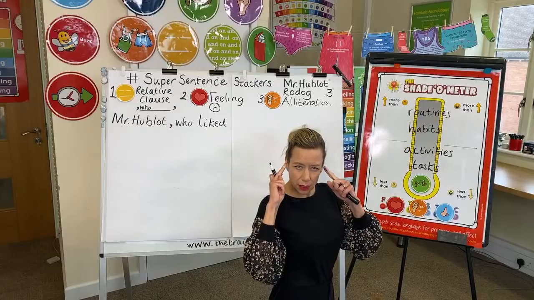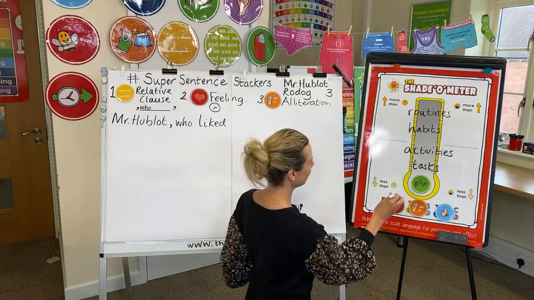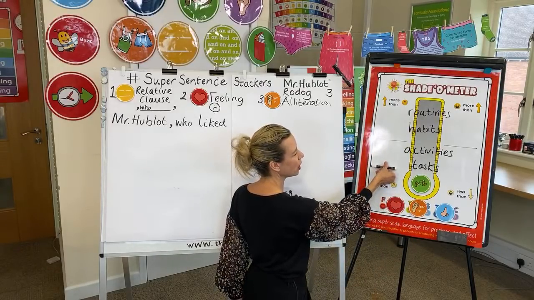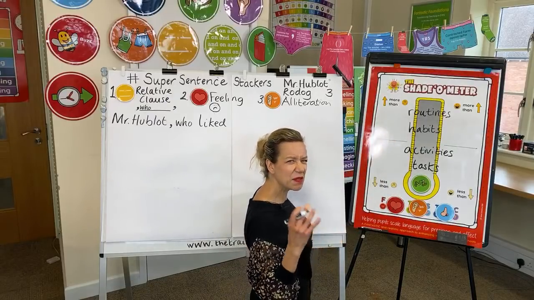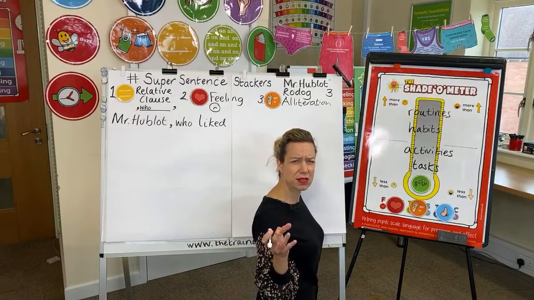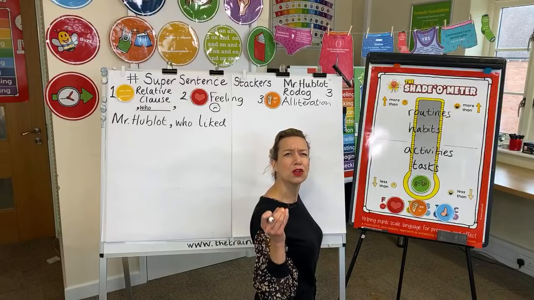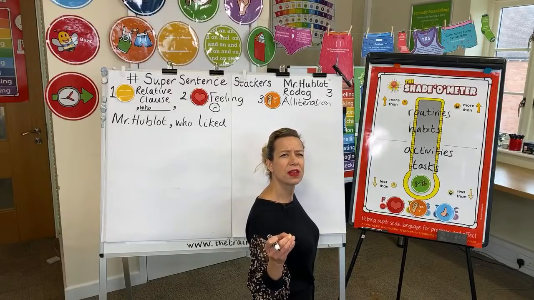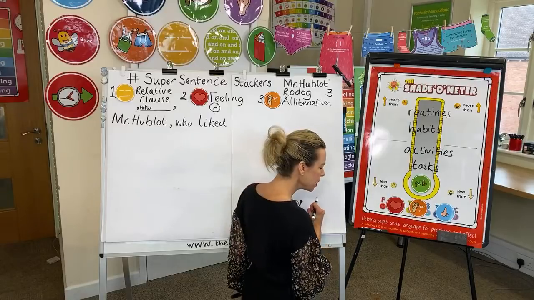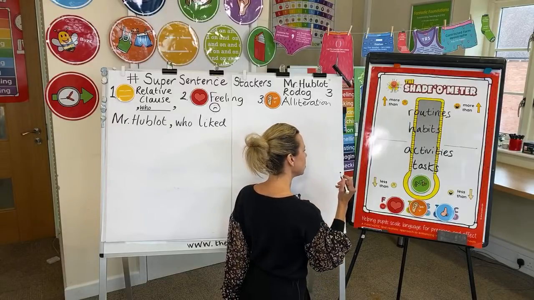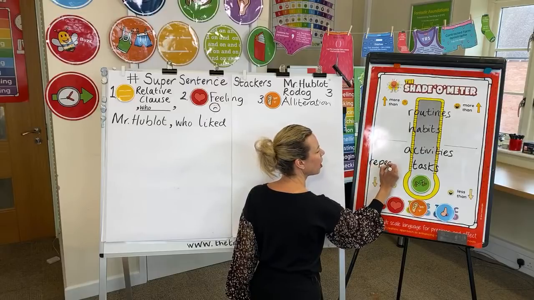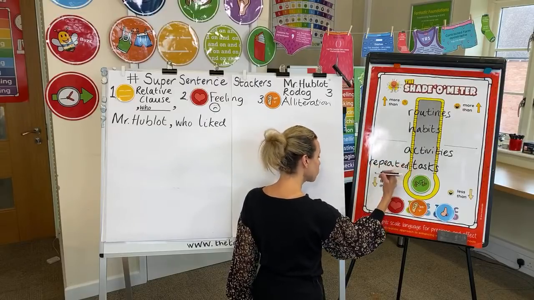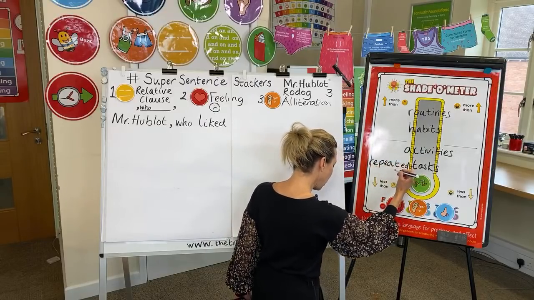To help me choose more precisely, I'm going to put an adjective here to really show the reader it is about the sameness that Mr Hublot really feels comforted by. I'm going to have repeated tasks, because that kind of emphasises it. Repeated tasks.